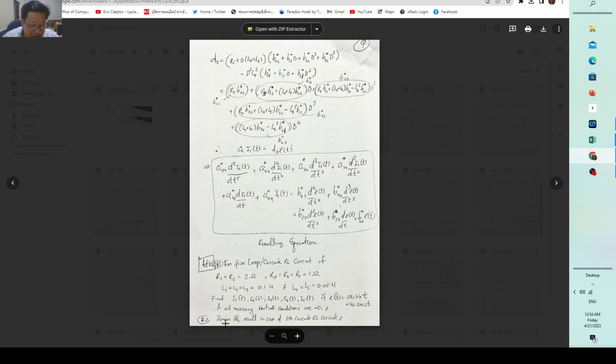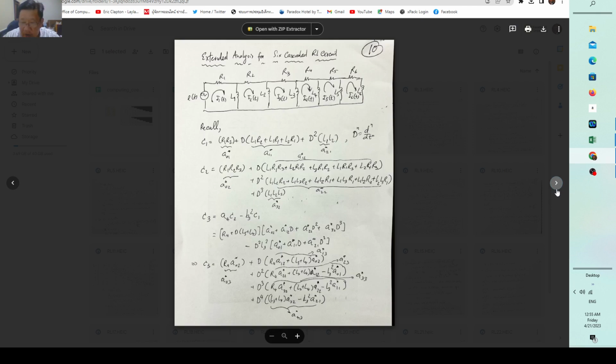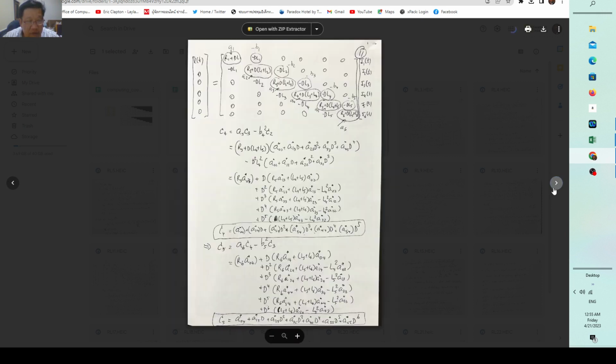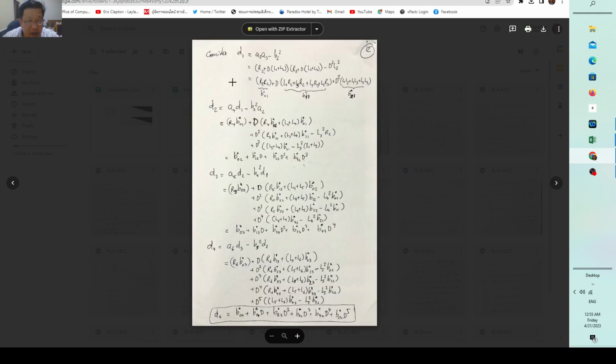And then we derive the result in the case of a 6 cascade RL circuit, which from the information in the last clip we already did. We are using the systematic way of defining C sub 1 up to C sub 5 to get the general form, and D sub 1, corresponding to the right hand side, up to D sub 4.